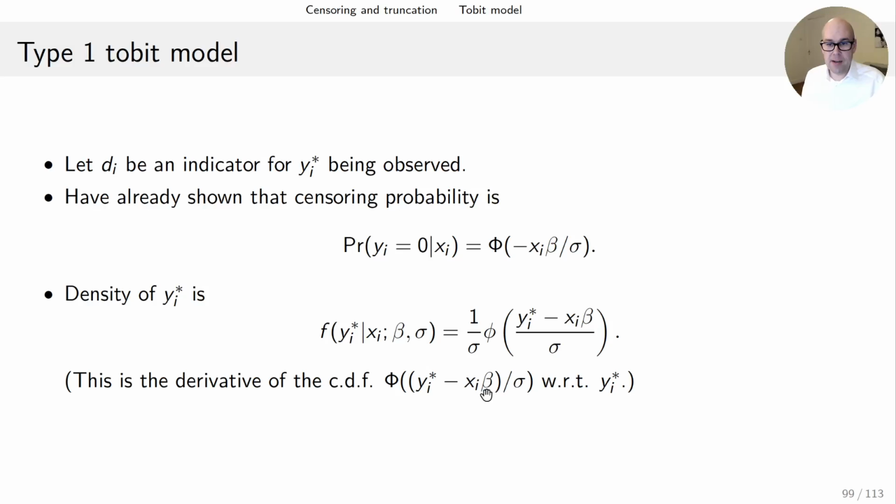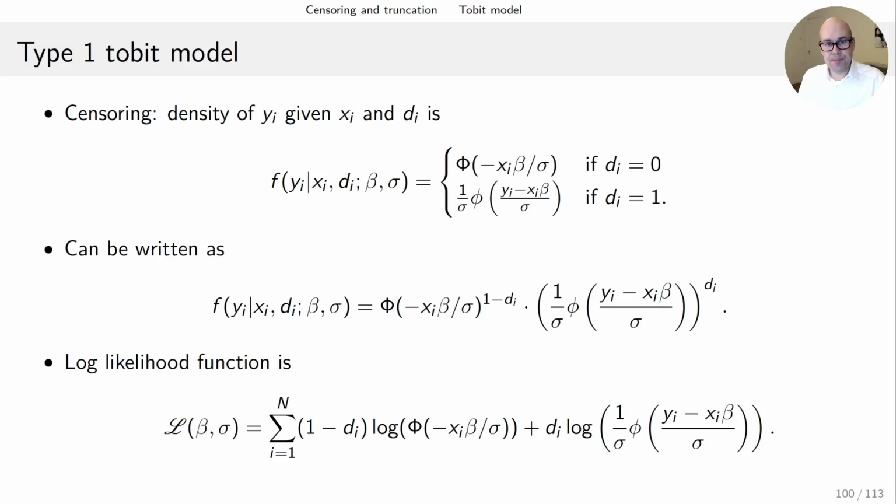So we have to take out the mean and we have to divide by sigma. Taking this as the starting point, we can take the derivative of that expression with respect to yi star, and the derivative of a CDF is going to be a density, and that gives us the density here. So it's the density of the standard normal distribution evaluated at yi star minus xi beta divided by sigma, and in front of it we have a 1 over sigma. So that gives us exactly what we need.